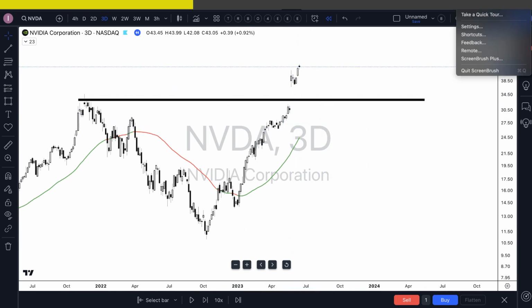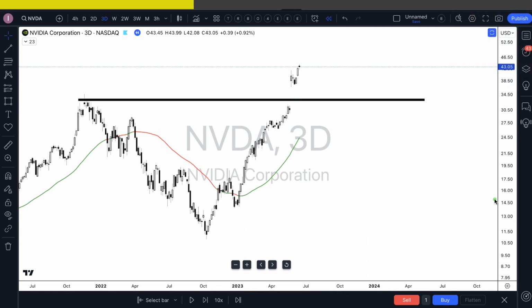And let me get my drawing tool. See right here, there's no candles. They call this a gap. So it gapped up. Cryptos don't do this, but it's very common for stocks. But anyways, you can see this section right in here where price just shot right up through that neckline.